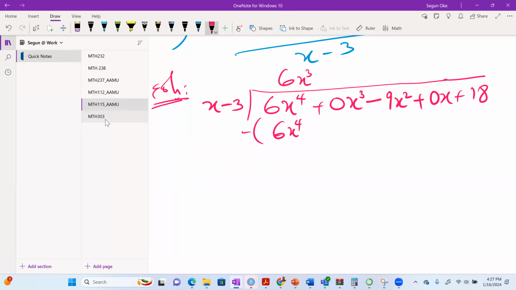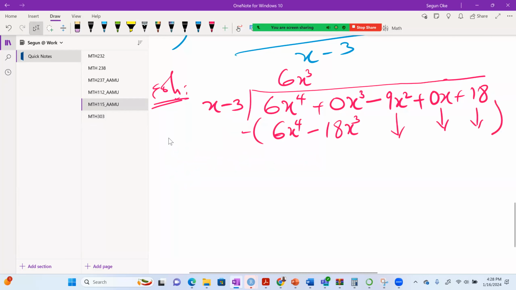So the next thing we need to do is 6x raised to power 3 multiplied by negative 3. You have negative 18x raised to power 3. Then we can bring this down, and this down. Close the bracket.